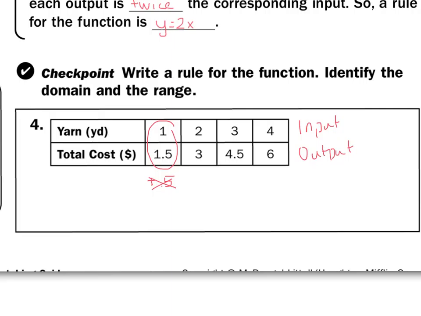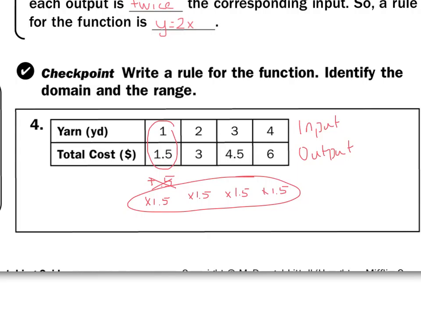So 1 times 1.5 is 1.5. 2 times 1.5 is 3. 3 times 1.5 is 4.5. And 4 times 1.5 is 6. So that's what we're looking at, is multiplying by 1.5.